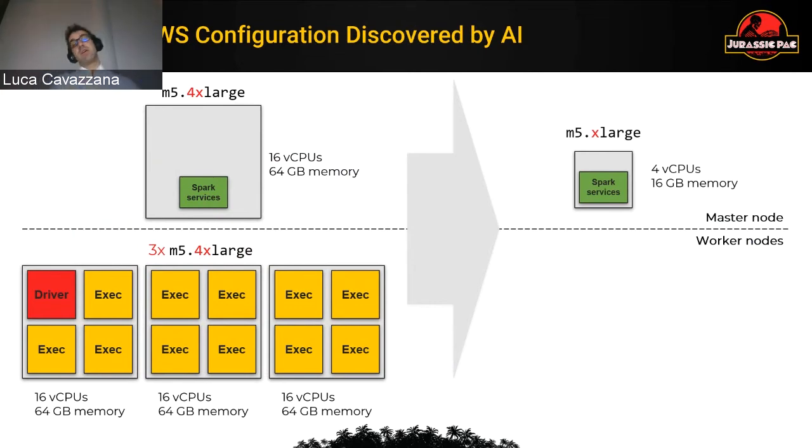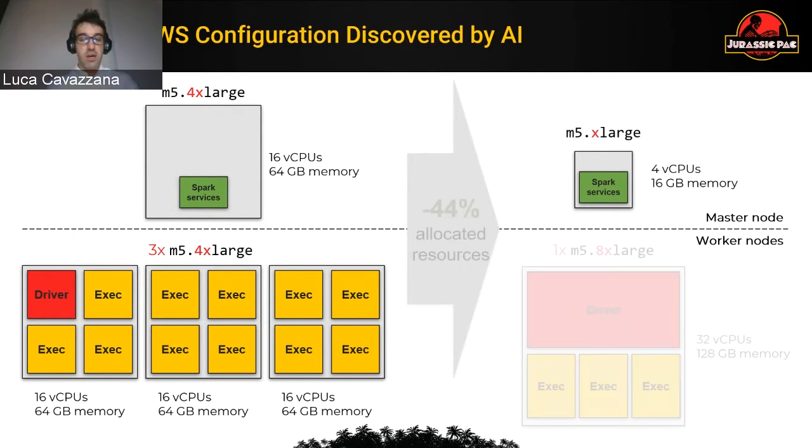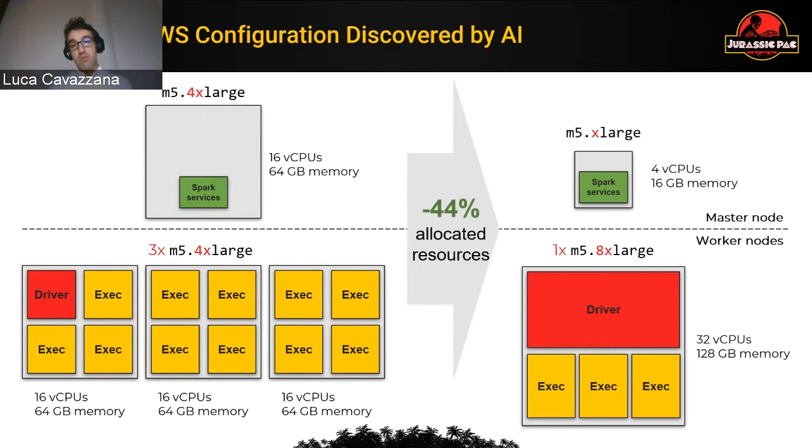But what's really interesting is that we were able to move from a cluster of three different executor nodes to a single one which was only double the size of a single one in the previous cluster, moving from three different 4x large instances to a single 8x large, which allows us to have a significant saving of 44% of the allocated resources.